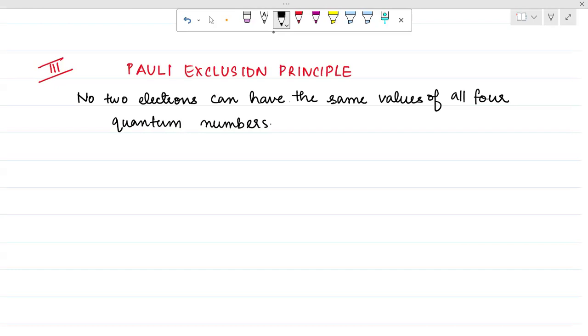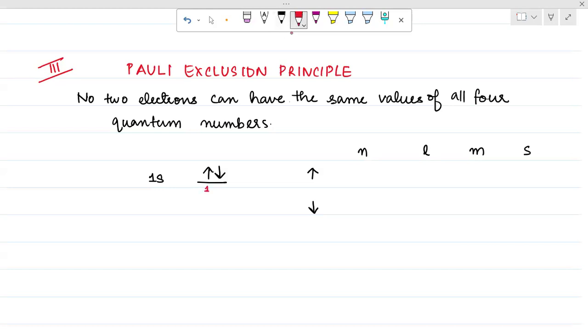Okay. Let's say I have 1s. So we know that in 1s, we can have 2 electrons. Now let's say this is my electron 1 and this is my electron 2. What are the 4 quantum numbers? N, L, M, and S. Correct. So I'm numbering them.